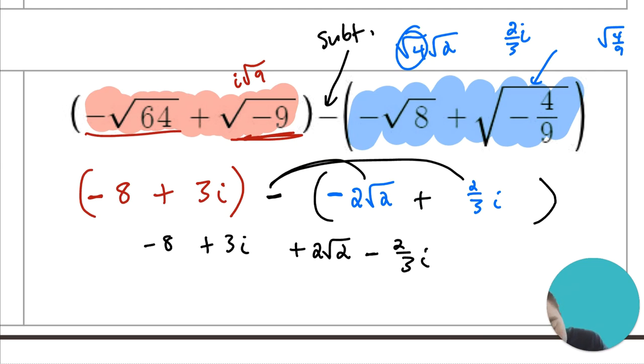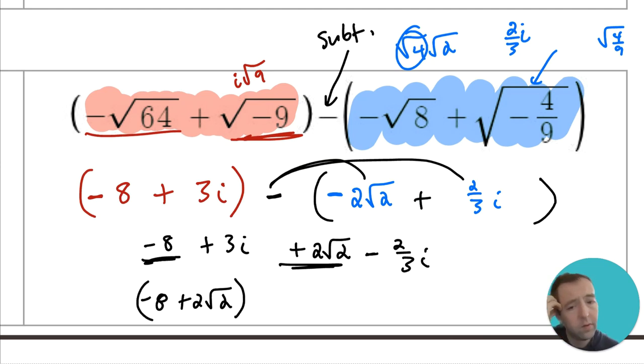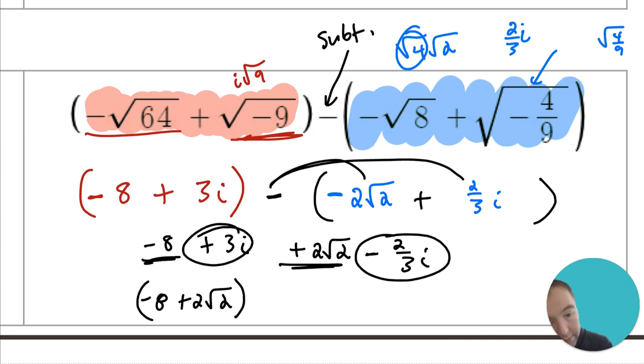And then you'll want to combine together the -8 plus the 2 root 2. You won't be able to add those together because they're not like radicals, so that's just going to be -8 plus 2 root 2. And then just for emphasis, I'll put that in parentheses so we know that's the real component. And then right here, you'll want to add together 3i with -2/3 i. Those you should be able to put together.